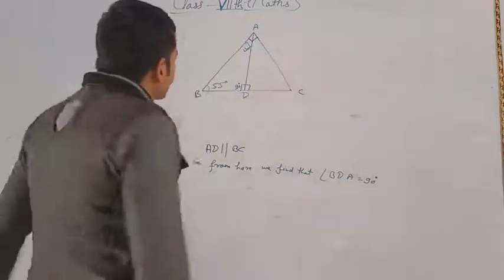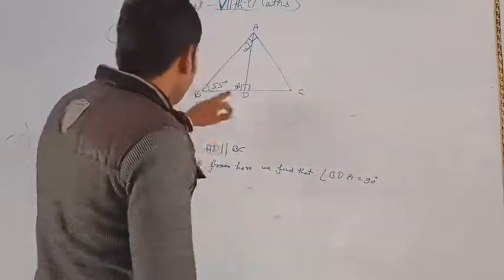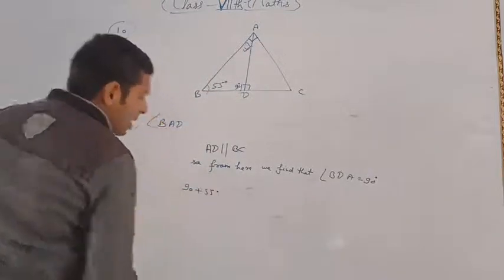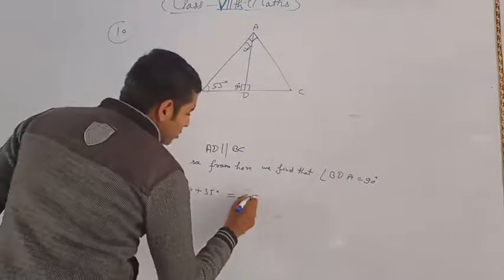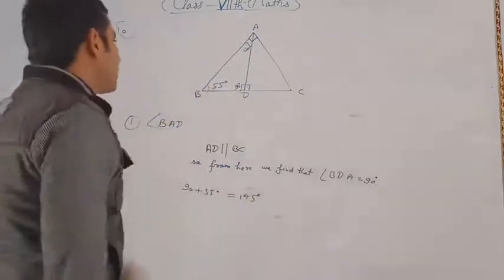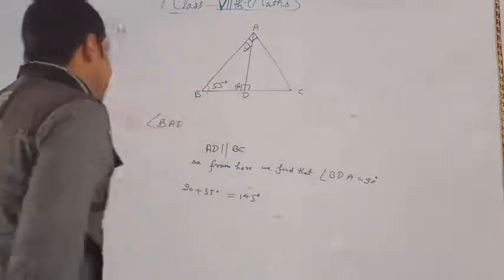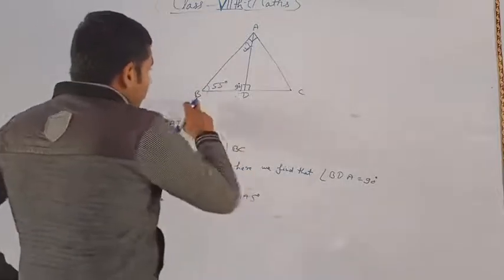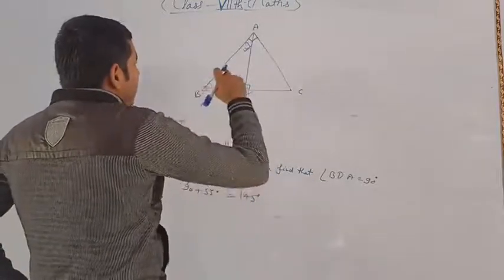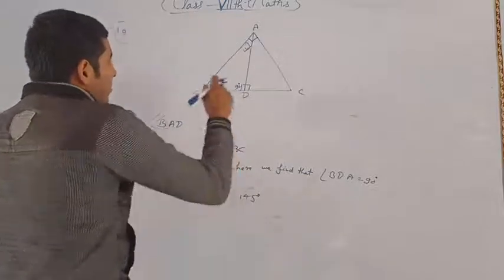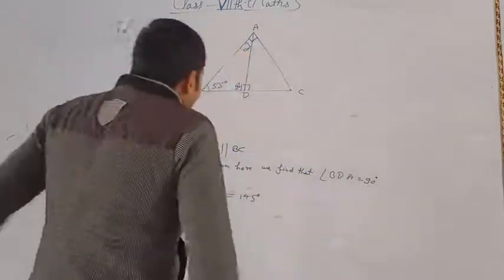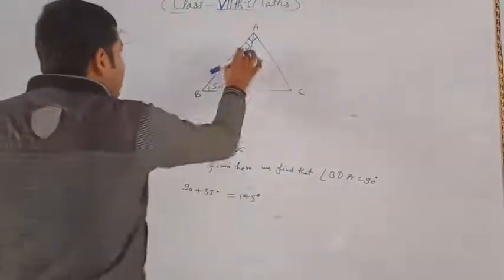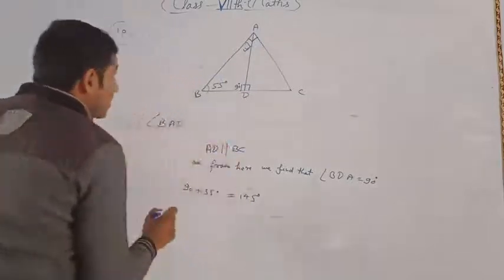So from here we find that 90 plus 55 degrees is equal to 145 degrees. Now in this triangle ABD, the angle sum is 180.